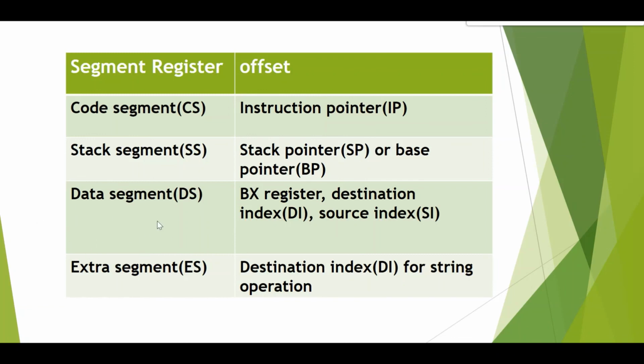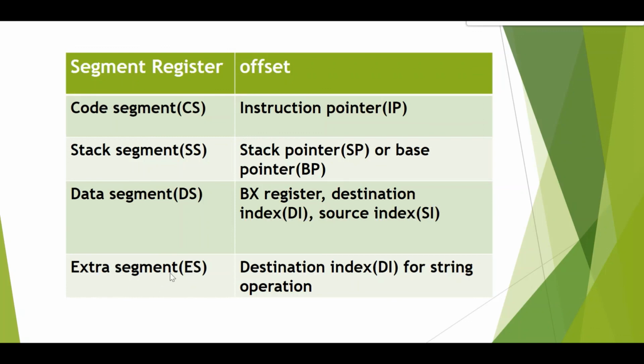Then we have the data segment. The starting address of the data segment is stored in the data segment register, and the offset is stored either in BX, the general purpose register, or in the destination and source index when we are doing operations on strings. Then we have the extra segment.